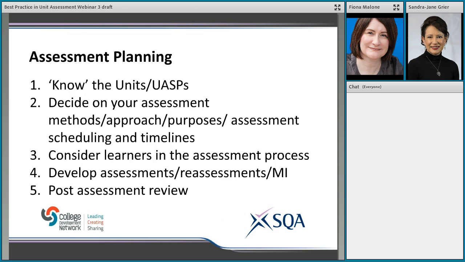The third point here is about considering learners within the assessment process. And it's increasingly important, particularly as you move up the SCQF levels, to involve and to try to create opportunities to get learners involved in the assessment process itself.